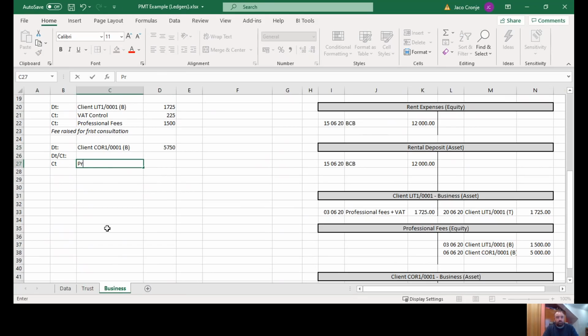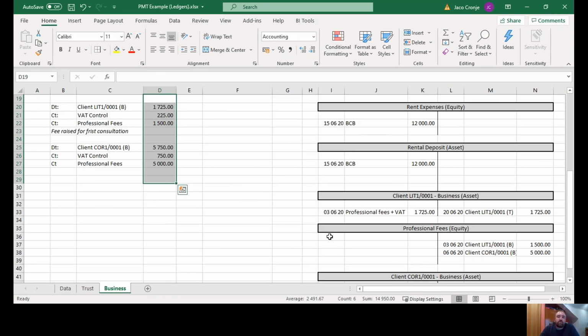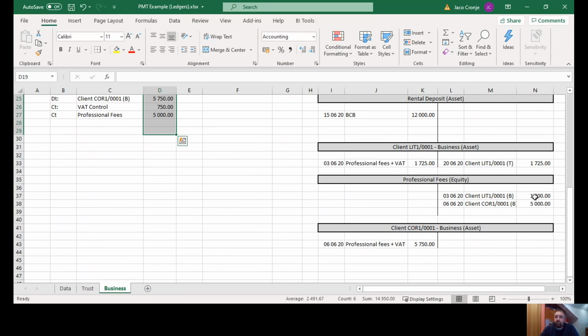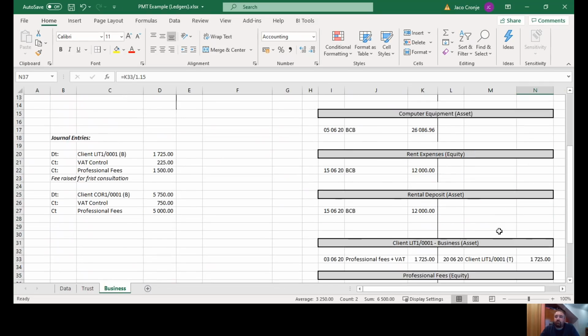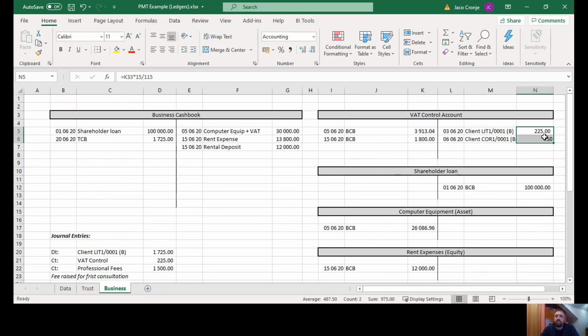We credited professional fees with 5,000, and we credited our VAT because we have to pay that over to SARS with 750.